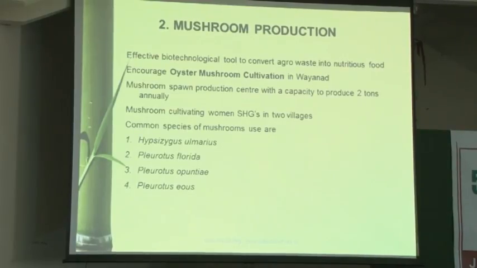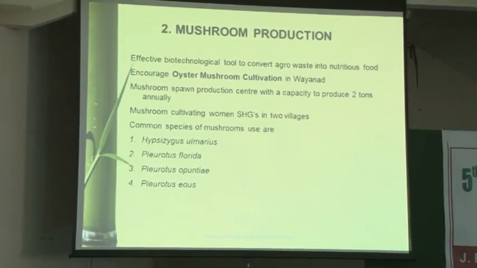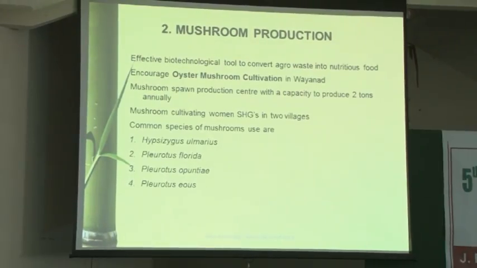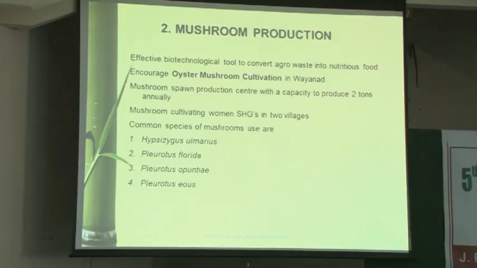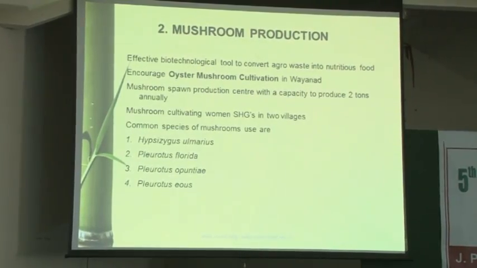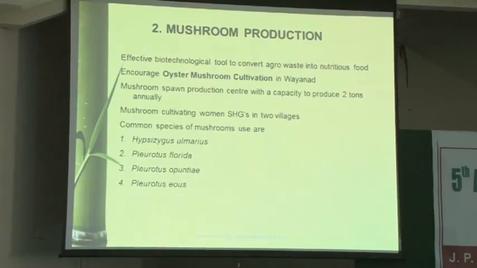For that, in the summer season and also the winter season, we can use different varieties of mushrooms. For example, Hypsizygus ulmarius is normally used, but in the summer season it is not that efficient, and its conversion rate is lowered at that time.